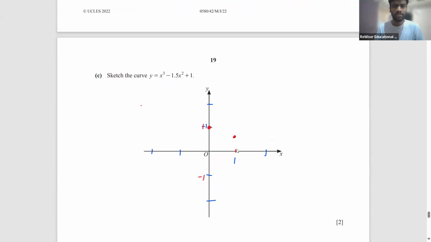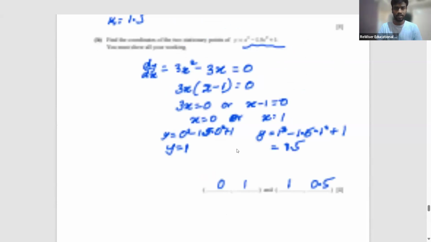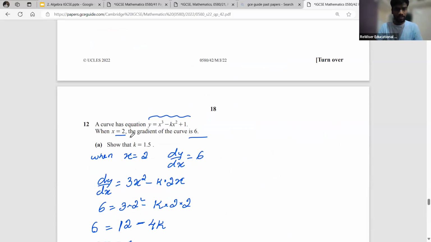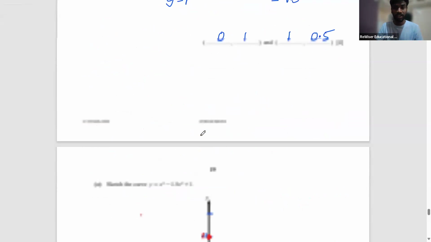And here, if you want, we can figure out what the values are at 2 and at -1. At x equals 2, the gradient is 6, so that means it will be very, very steep.